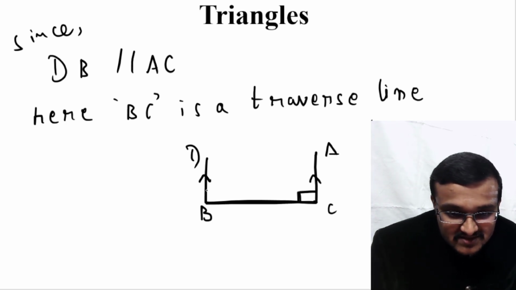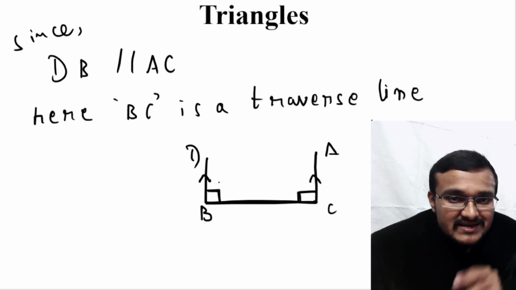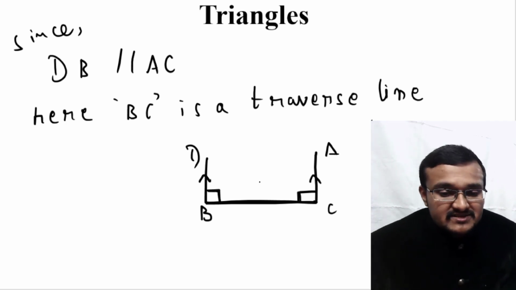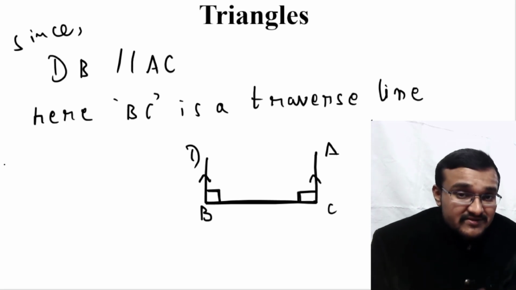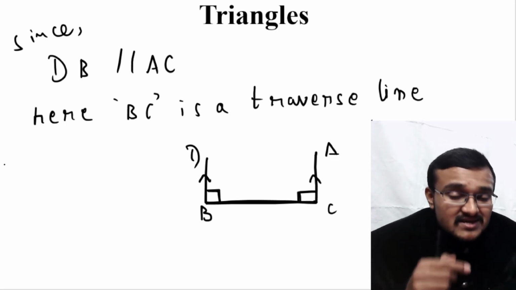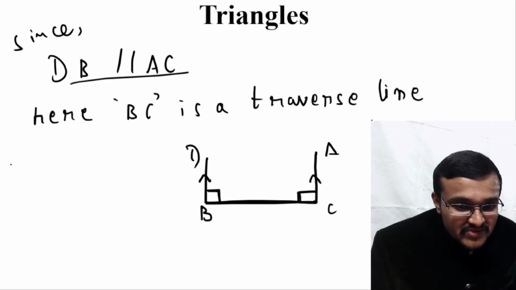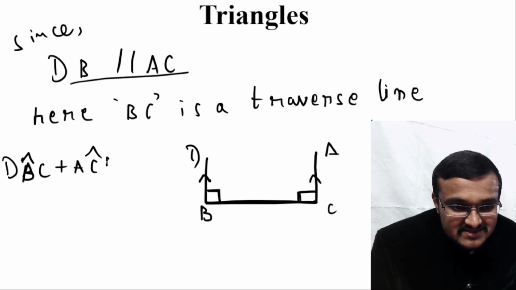These two angles will be the angles on the same side of the transversal line, so if you take the sum of those two angles, it will be equal to 180 degrees. So since BC is a transversal line and DB is parallel to AC, DBC plus ACB will be equal to 180 degrees.